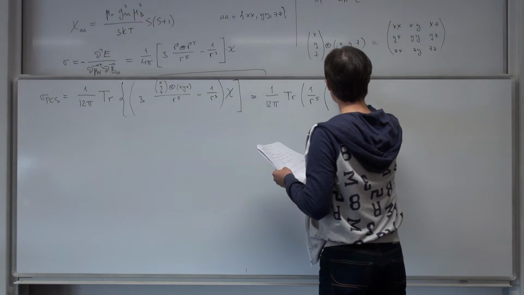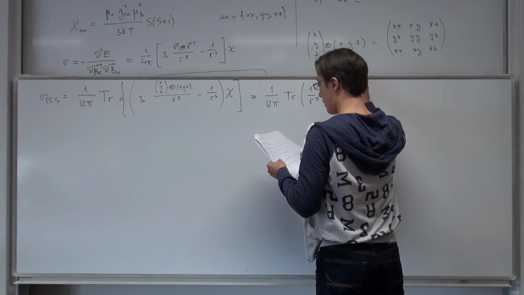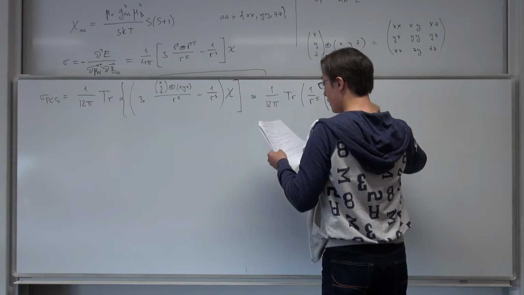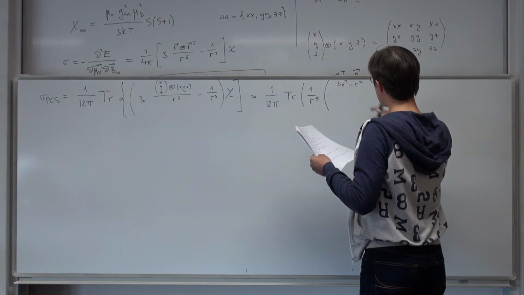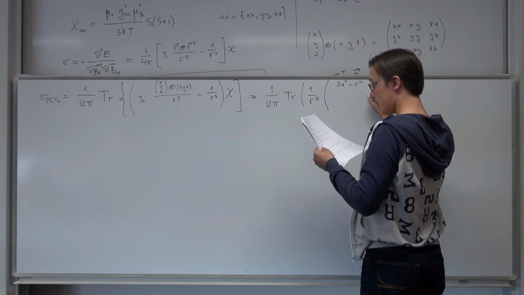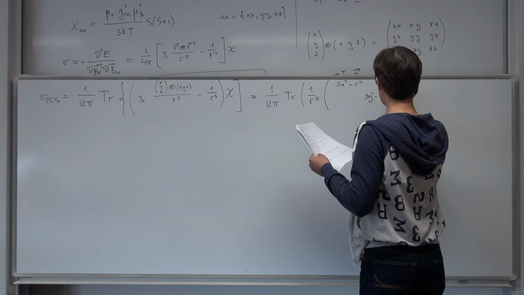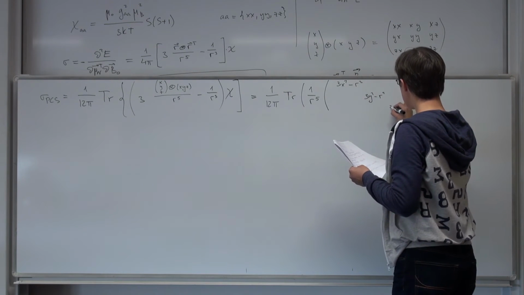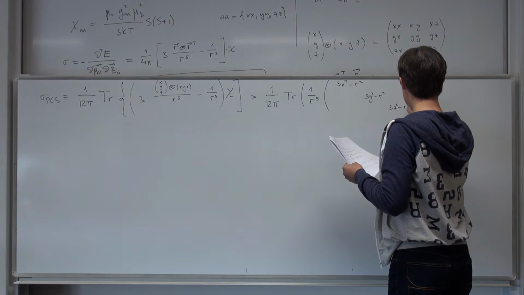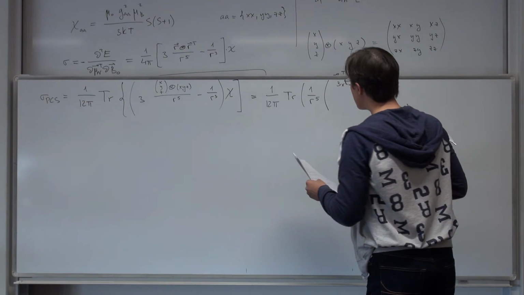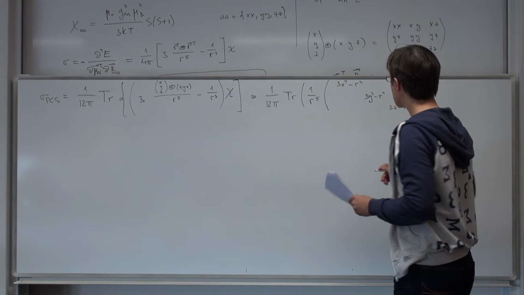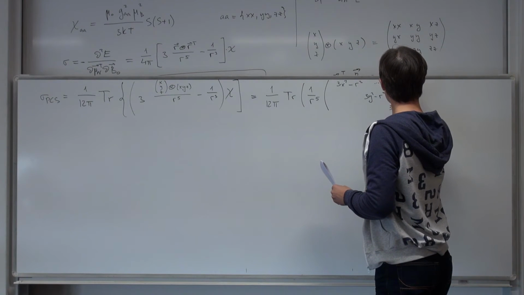So what we've got is 3x squared minus r squared in the 1, 1 element, then 3y squared minus r squared in the 2, 2, then 3z squared minus r squared in the 3, 3. And because we're about to take the trace, we don't really care what else is in there, so I'll just put the dots.